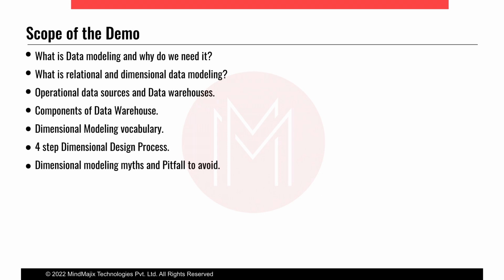So, as I said, data is a very crucial part of any organization. Generally, in industries, they store data in two different formats. One is the operational data. The second one is the data warehouse. Before understanding more about relational data models and dimensional data modeling, let's understand more about operational data sources and data warehouses.